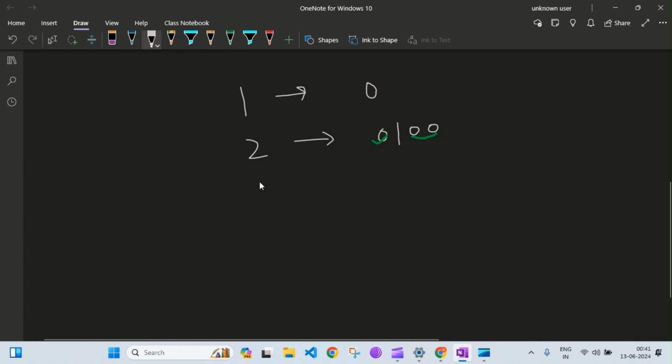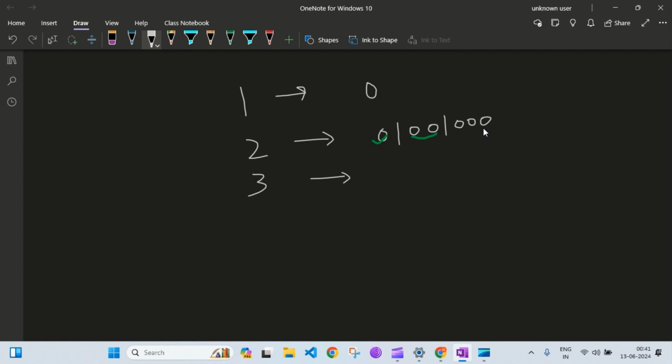Let's see how much is needed for three islands. For three islands, we simply add one more boundary, and since all the islands must have different lengths and we already have lengths 1 and 2, we go for three zeros. What is the minimum length string from which k islands of different lengths can be formed?